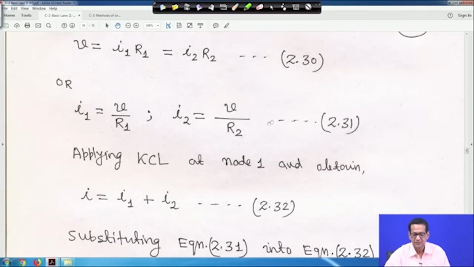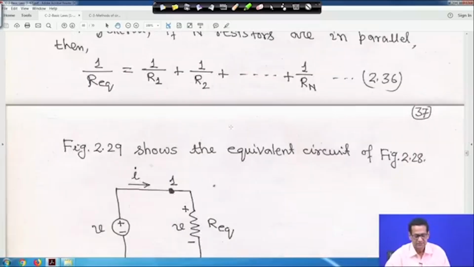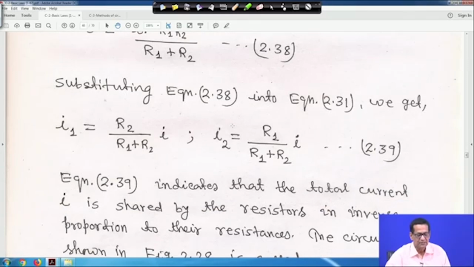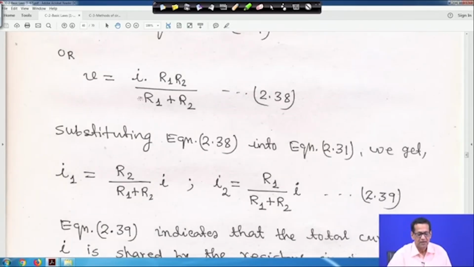that is this equation, right, I1 is equal to V upon R1 and I2 is equal to V upon R2, right. So, when you come here, I1 is equal to V upon R1, right. And if you take this one, you will get I into R2 upon R1 plus R2. That means from this equation you will get V is equal to I into R1 R2 upon R1 plus R2.